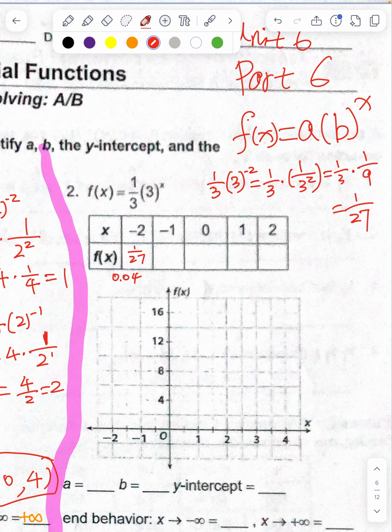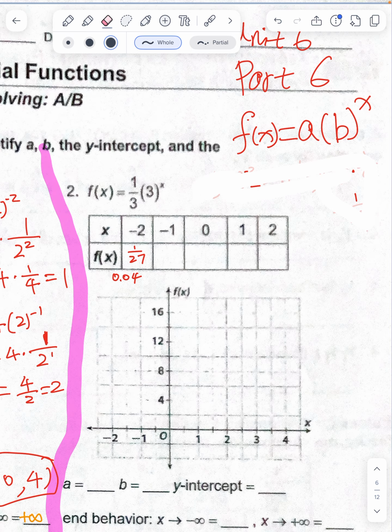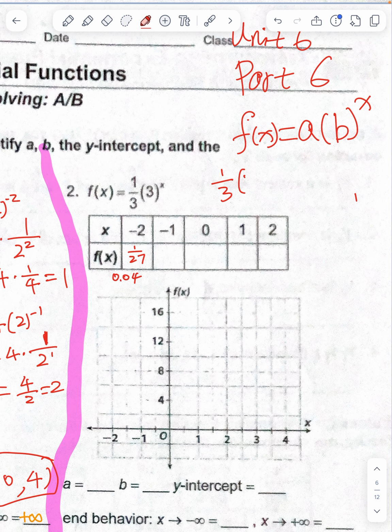Okay, second one, x value is -1. That is 1/3 times 3 raised to the -1 power. So 1/3 times 1 over 3 to the +1 power.